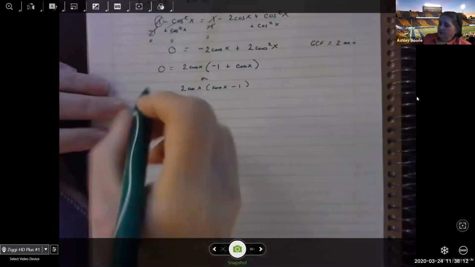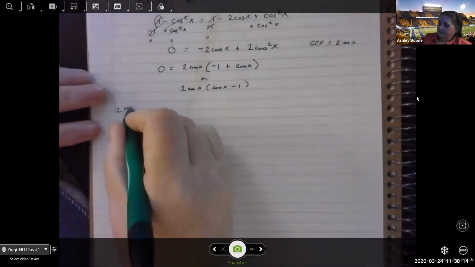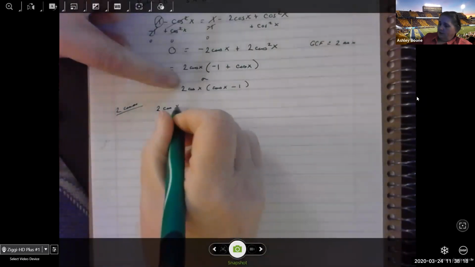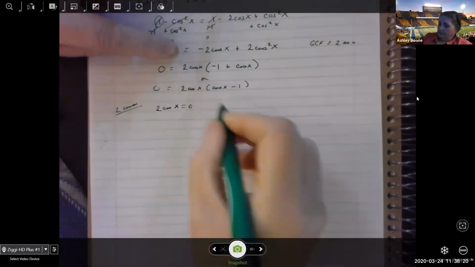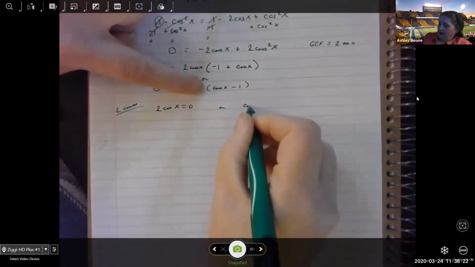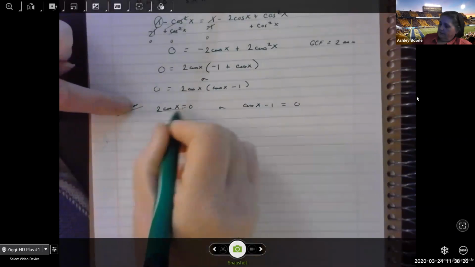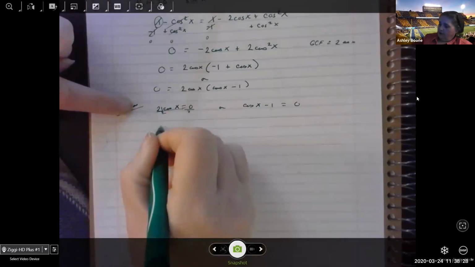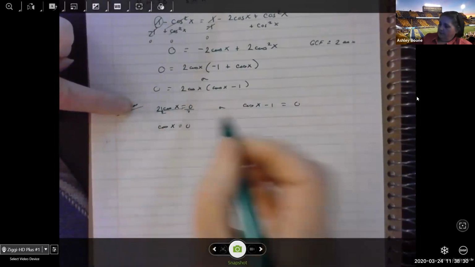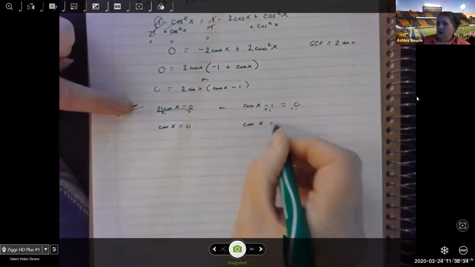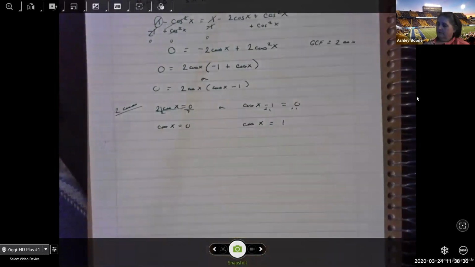So we have two cases again. 2 cosine of x is equal to 0, or cosine x minus 1 is equal to 0. Solve. So either cosine of x is 0, or cosine of x is positive 1.